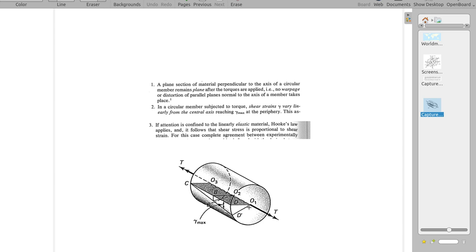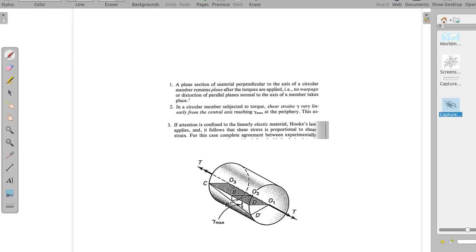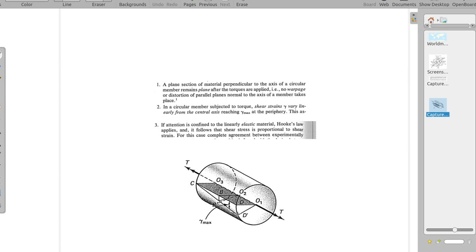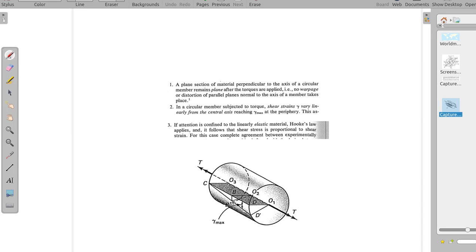You can see that shear strain can be assumed to be the angle shown here in radians.